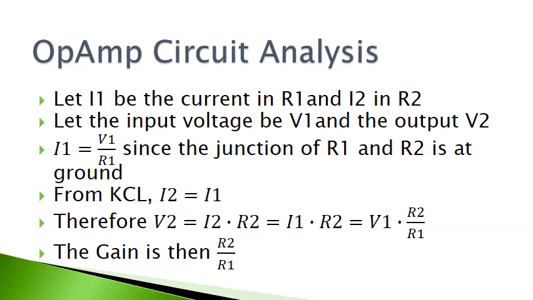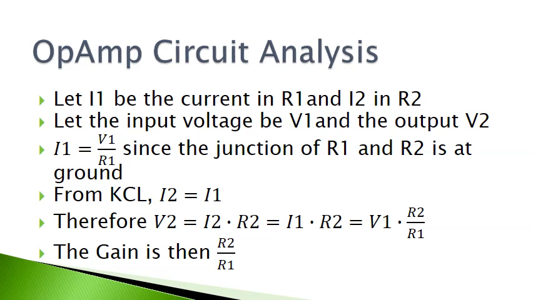Therefore, we can calculate the voltage at the output, and that's equal to the current I2 times the feedback resistor R2. Well, we know that I1 equals I2, so let's substitute in I1 for I2.